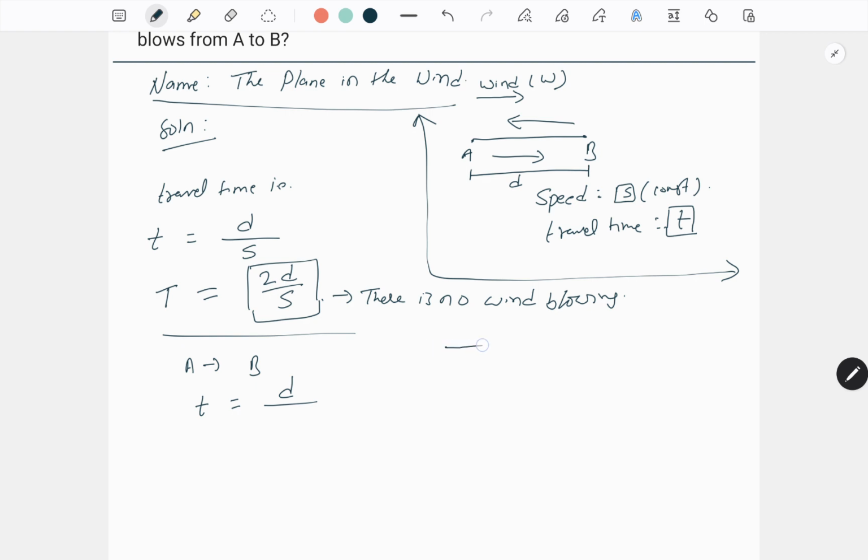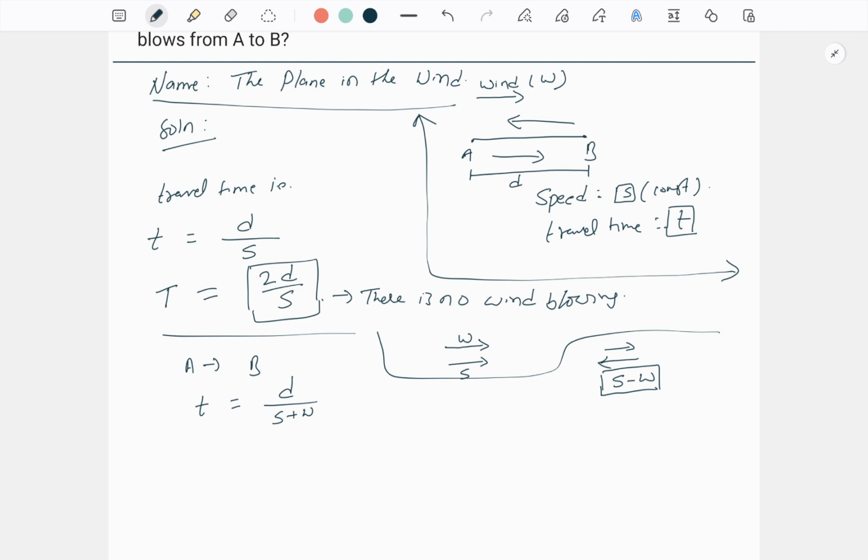Since wind is blowing from A to B and the flight is also going from A to B, the speeds will sum up. So we'll have our speed as s plus W when going from A to B. Now when the flight comes from B to A, in the opposite direction, we will have our speed as s minus W. This is basic calculation from high school.